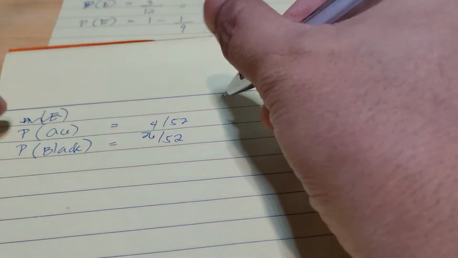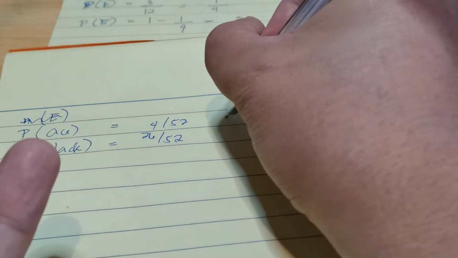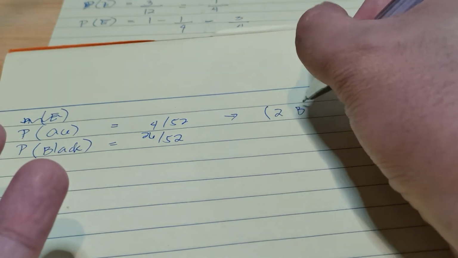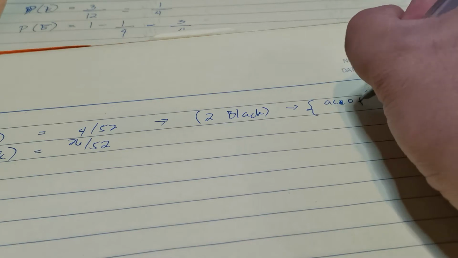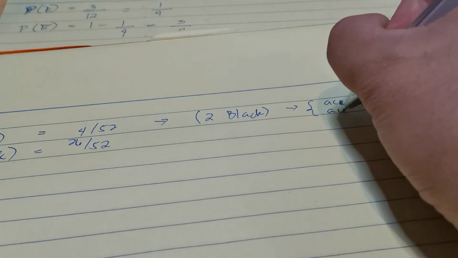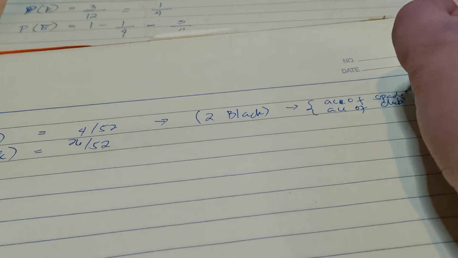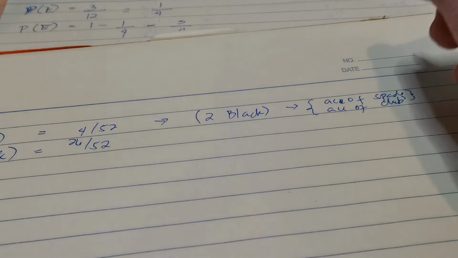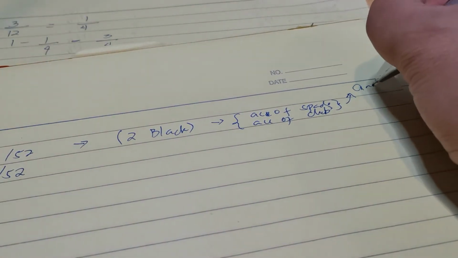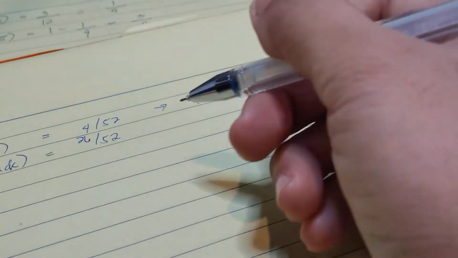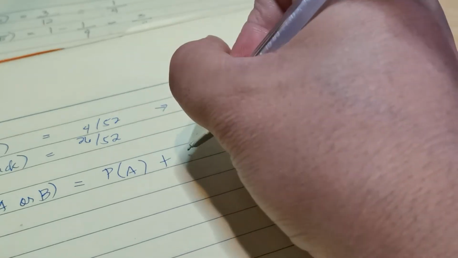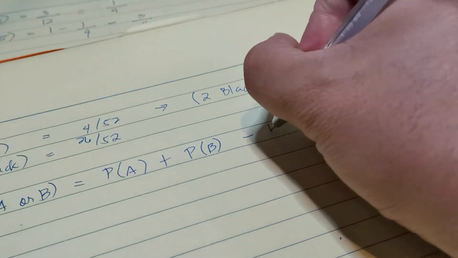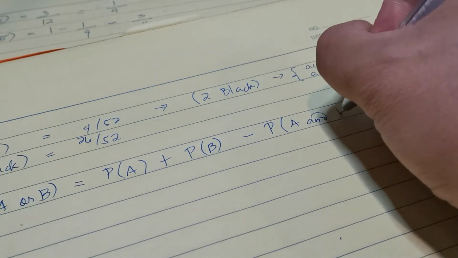Okay, but then, among our 4 aces, we have two black aces. Our aces, what are these? The ace of spades and the ace of clubs. So, those are our two black aces. This means these are our A and B. So, the probability of ace or black is equal to the probability of ace plus the probability of black minus the probability of ace and black.